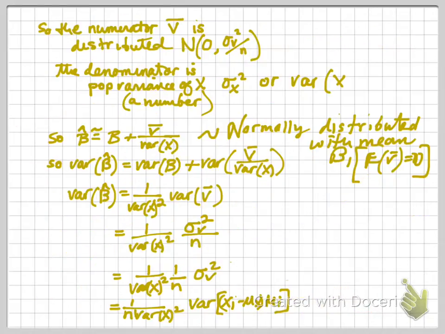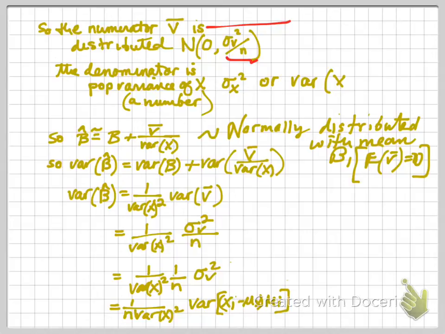So that means that V bar itself will be distributed normally with mean 0 and variance sigma V squared, the variance of the underlying v_i, divided by n.